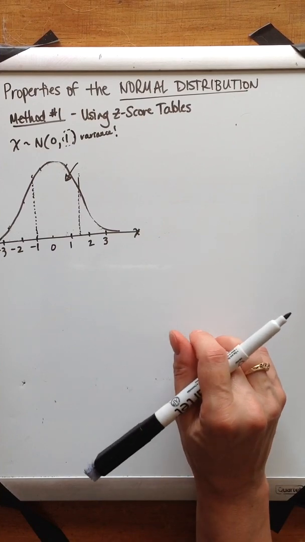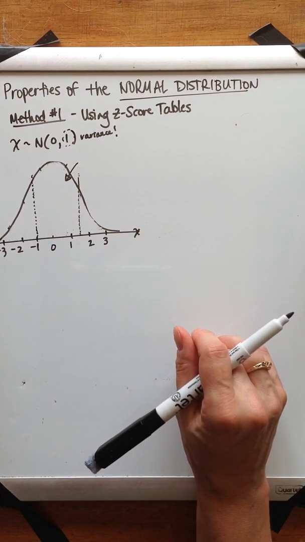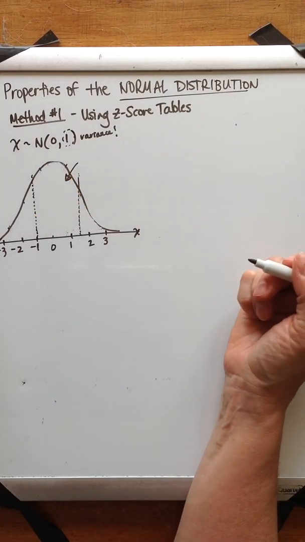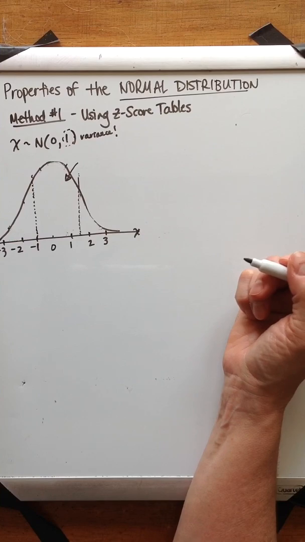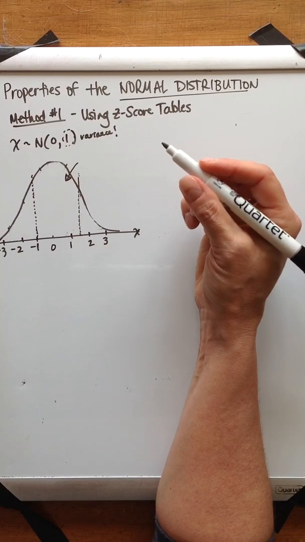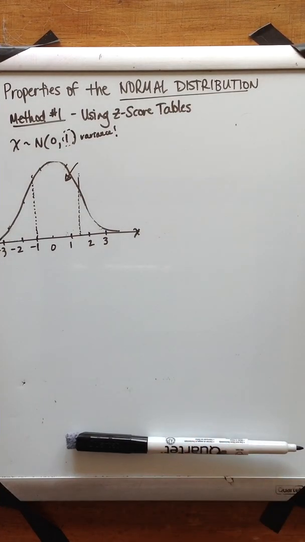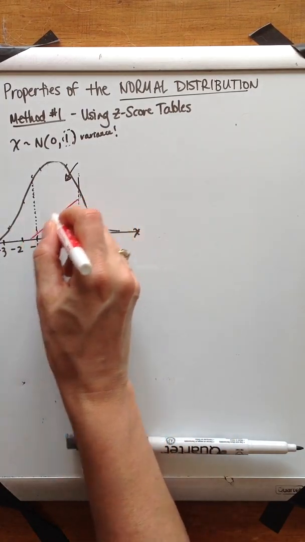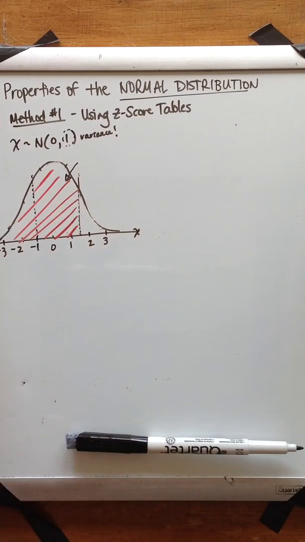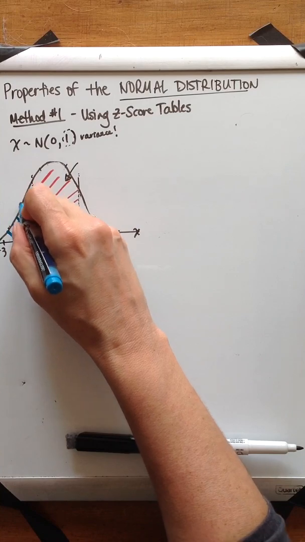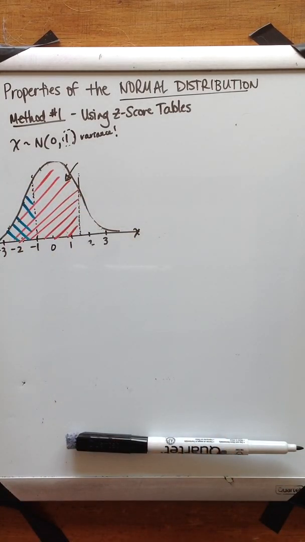Now, this is not a one-step problem because our tables can't do that for us. But what I know is that this is 3 concrete sections that add up to 1. So if I want to find the middle piece, I could think of finding the area under the curve here, and I could take away the area under the curve here, and that would leave me with that middle chunk.